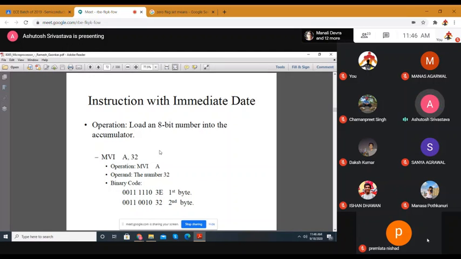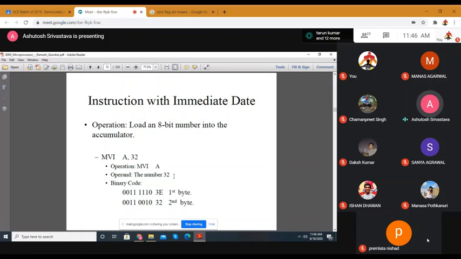Now, if you see, this is one instruction. The first one is your operation, which is move immediate into the accumulator.